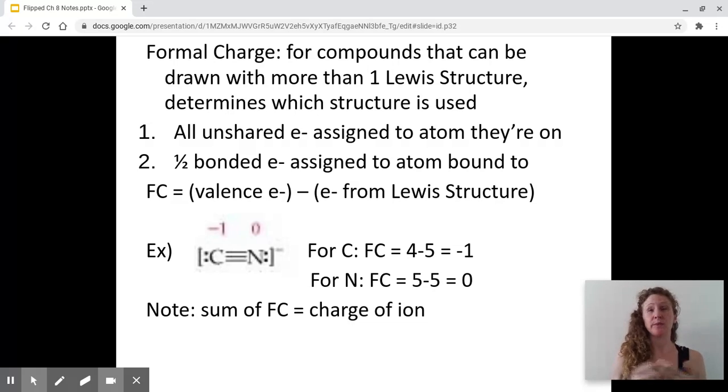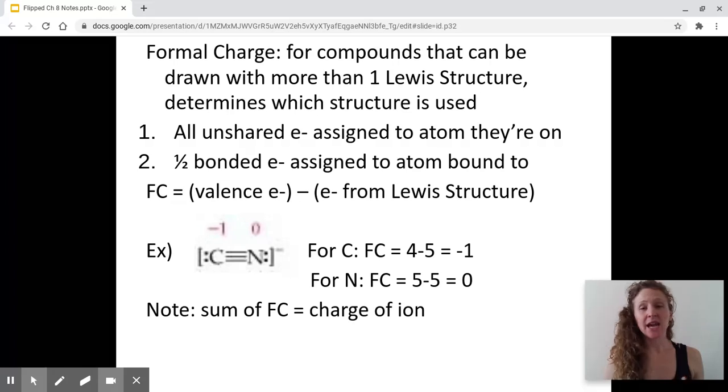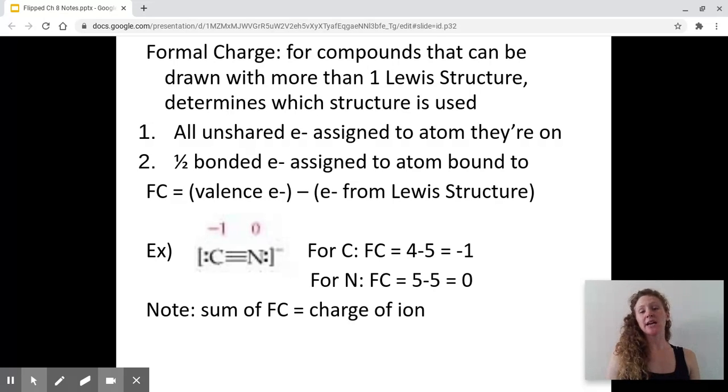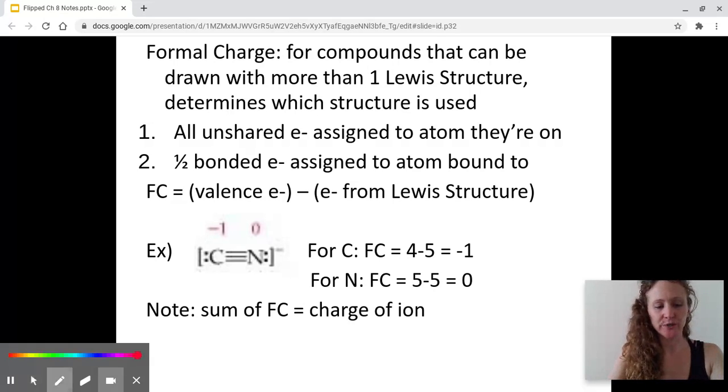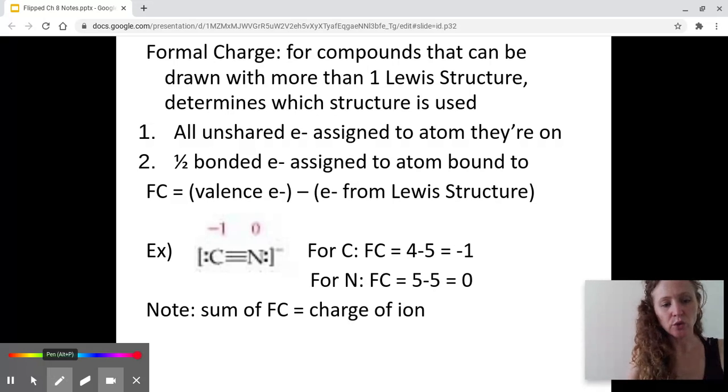What we need is a method that helps us predict the molecule that actually exists, and our way of doing that is called formal charge. So, welcome to formal charge.